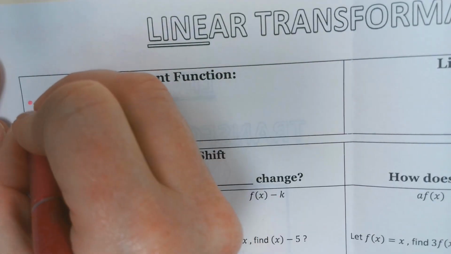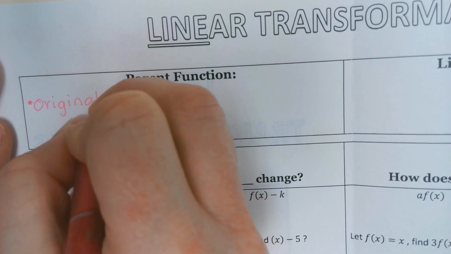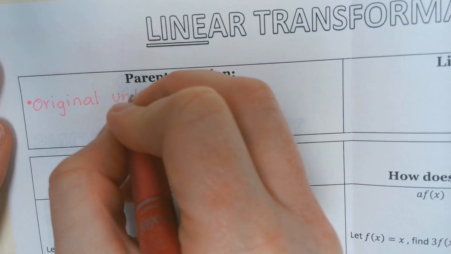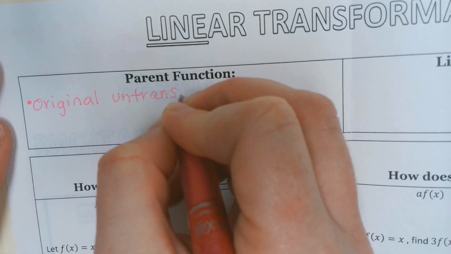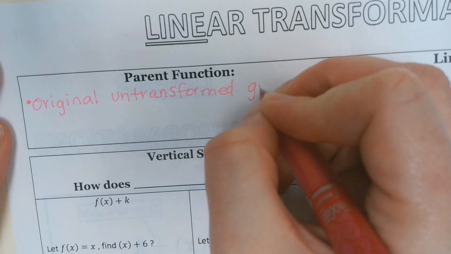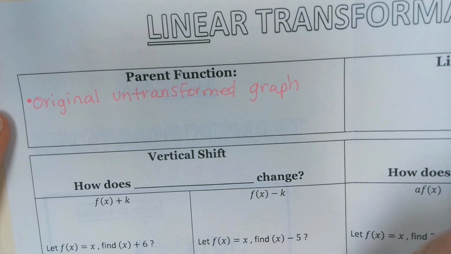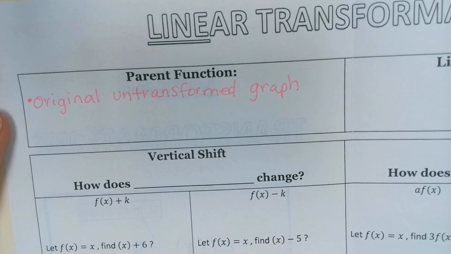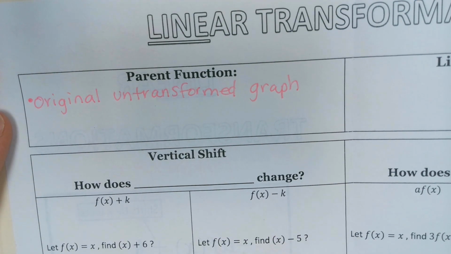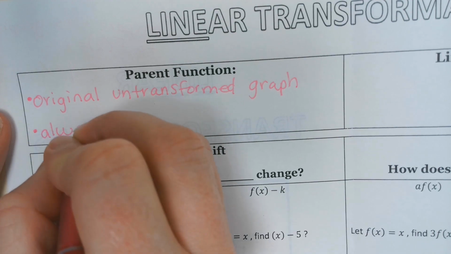A parent function is an original, untransformed graph. And it always goes through the origin.